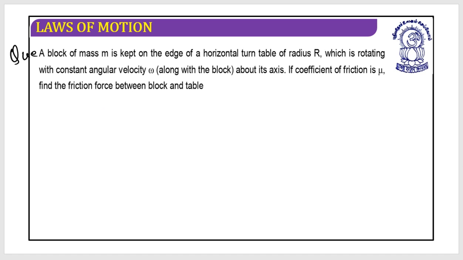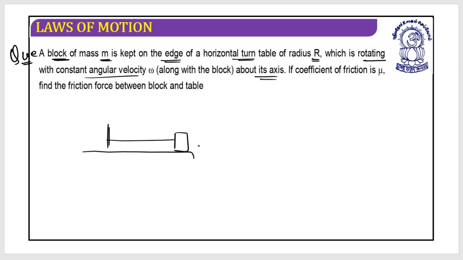This question is saying that a block of mass m is kept on the edge of a horizontal turntable of radius r, which is rotating with constant angular velocity omega about its axis. So it would be something like this: a block of mass m is kept on the edge of a horizontal turntable, something like this.